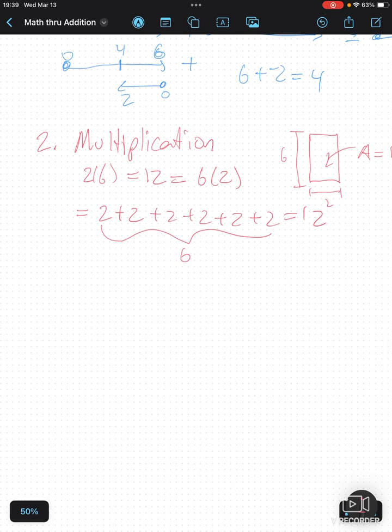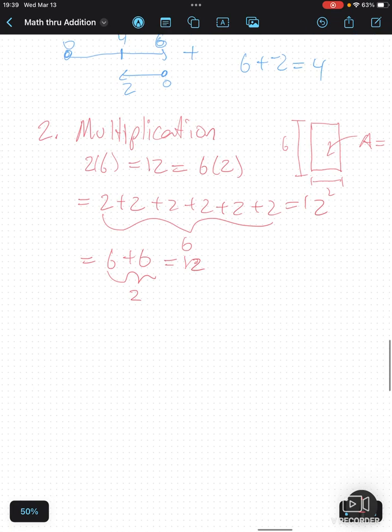But this is really just adding a number. Multiplication is really just repeated addition. And of course we can also do this since it's commutative: 6 plus 6 is also equal to 12, and this is done 2 times.